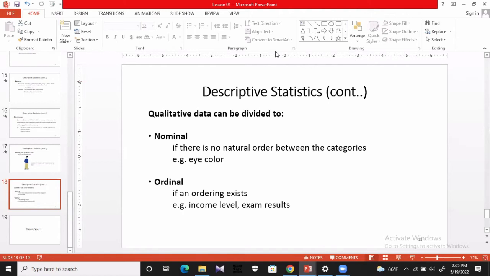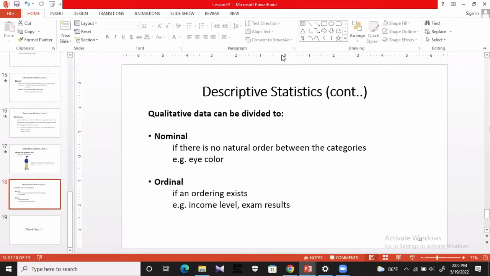Likewise, if we consider their income level, we can actually make an order of their income using the income level.